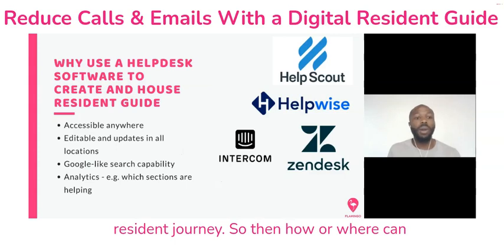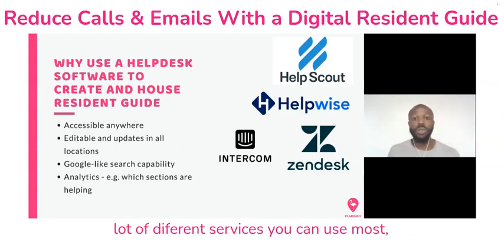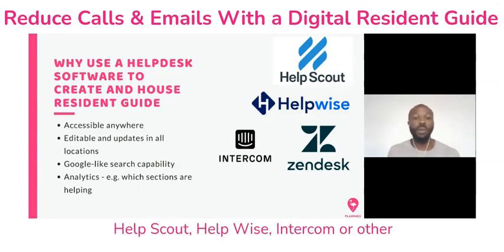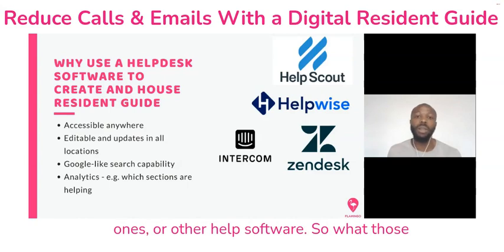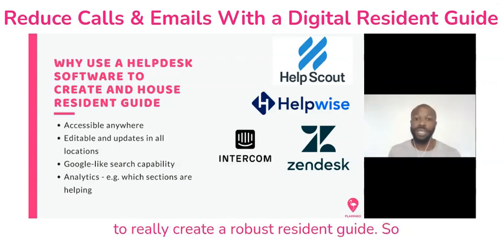So then where can you create a resident guide? There are a lot of different services you can use. Most tech companies use something like Help Scout, Helpwise, Intercom, or Zendesk or other help software. What those help desk software systems do is they allow you to really create a robust resident guide.